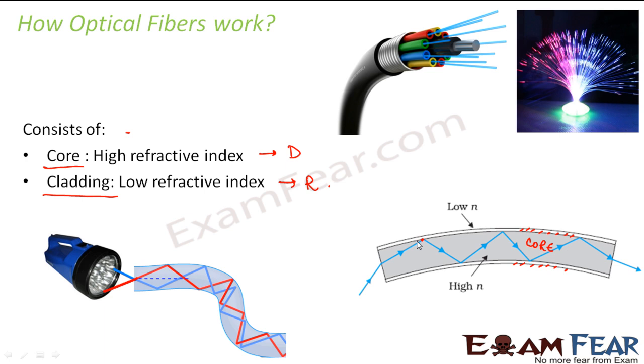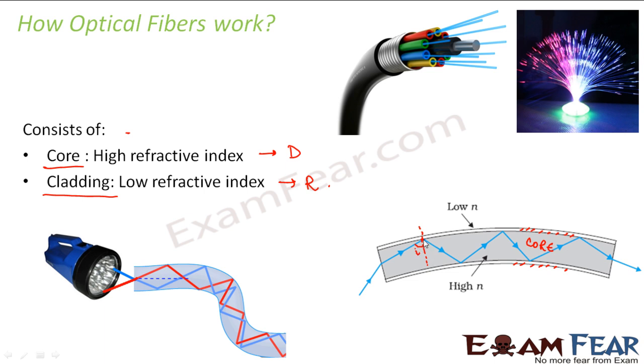For every medium, there is a specific angle of incidence for which the corresponding angle of refraction will be 90 degrees. So let us suppose this is the normal. This is the angle of incidence, right? This angle of incidence is set greater than the critical angle.